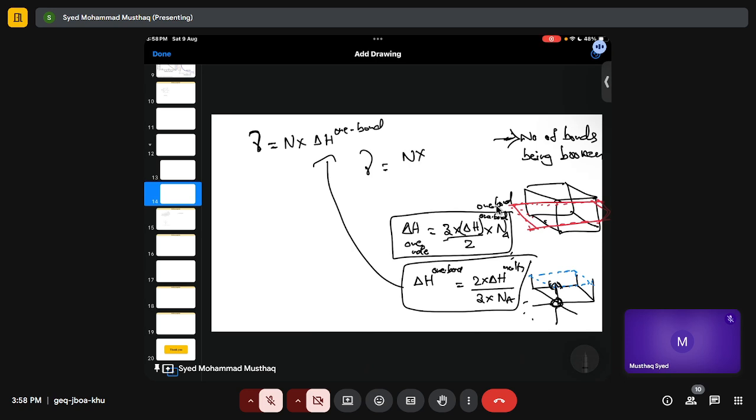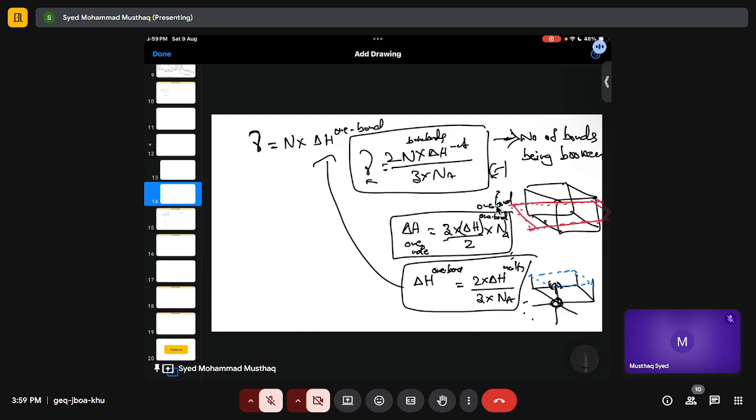Oh, sorry, this is the number of broken bonds, not Avogadro number. 2 times N into delta H of melting divided by coordination number times Avogadro number. So this is a very easy relation. This is a more or less simple classical relation to know the surface energy.